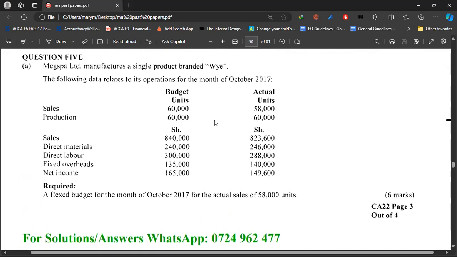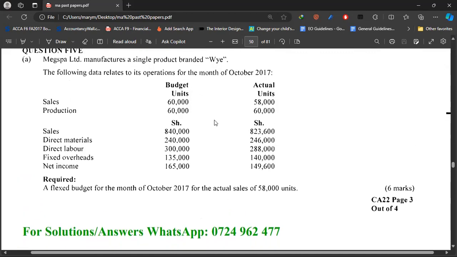The question is there. November 2017, question number 5A. Someone to read the question, please.